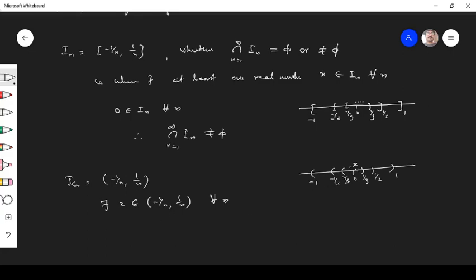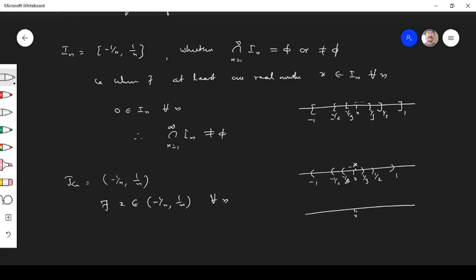Let x belong to (-1/n, 1/n), to the right of 0, suppose. You can take any real number, no problem, in between -1/n and 1/n. Suppose there exists x which belongs to (-1/n, 1/n) for every n.